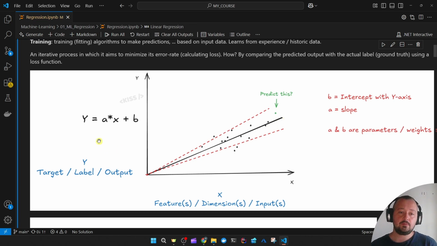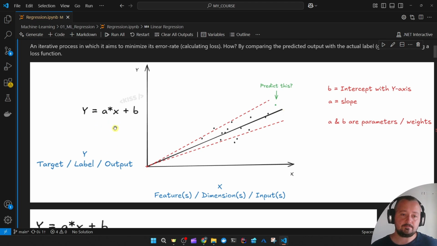How that then happens under the hood is trying to find the best values for a and b, where b is the intercept with the y-axis and a is the slope, which would be like the curve, but now it's a straight line. The intercept with the y-axis is how steep, let's say, or how flat the line would be.